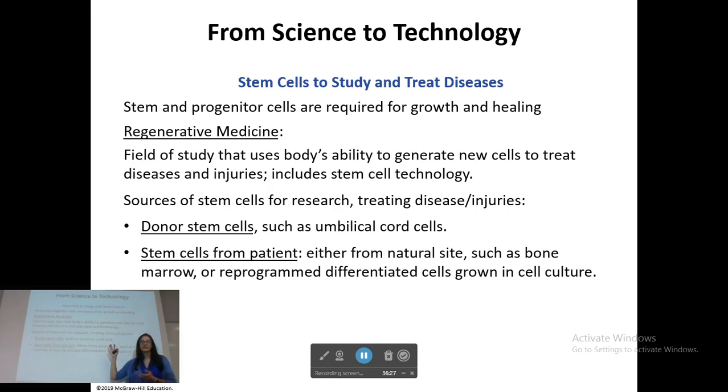You can have your umbilical cord saved in a special bank, and then if something happened to your child later on, they developed some disease or had an injury, then they could take some of the stem cells from the umbilical cord and try to use them if the technology is available later on.